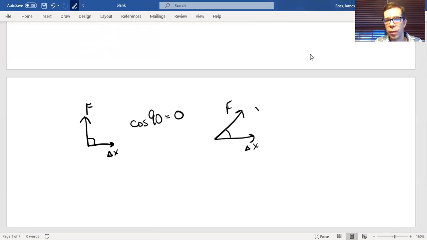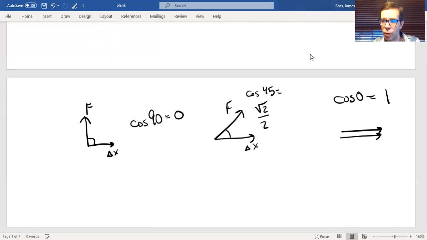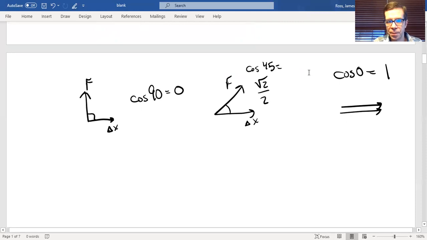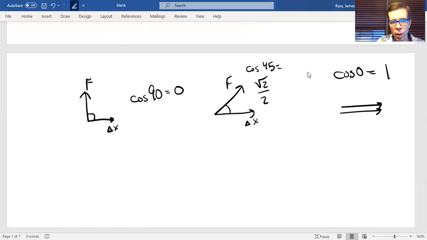And so square root of 2 over 2 would be our cosine 45. And then for the last scenario, they're in the same direction. Cosine of 0 is equal to 1. So if the displacement is the same in each case, and the force is the same in each case, then the work is going to be the largest for the one that's in the same direction. All right. We've got 0, something less than 1, and then 1.